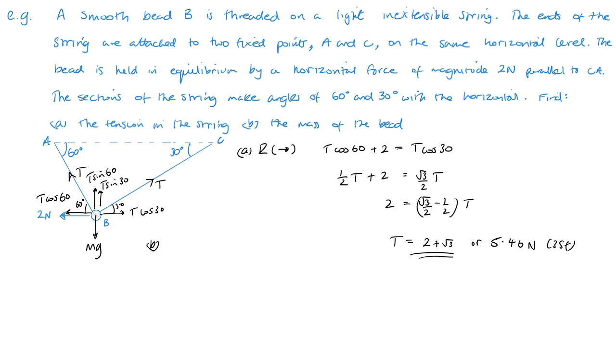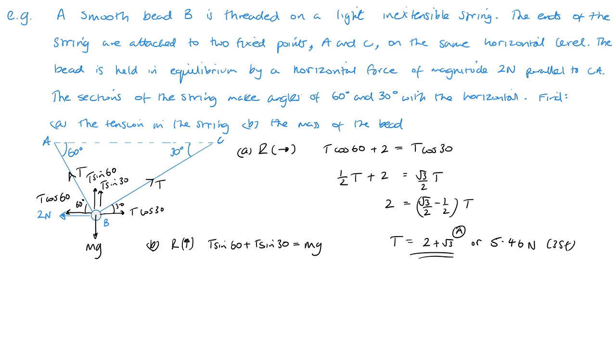Now we move on to B. We want to find the mass. So for this we're going to resolve vertically, and that's going to give us T sin 60 plus T sin 30 equals mg. Oh, I'm sorry, I wrote cos 60 in there. That should be sin 60. I've got my T now, and I'm going to store this value as A so I can use it.